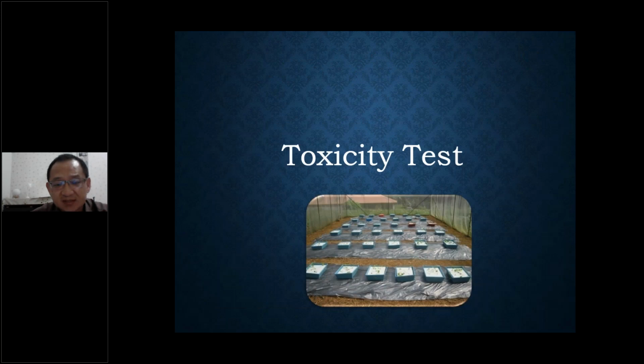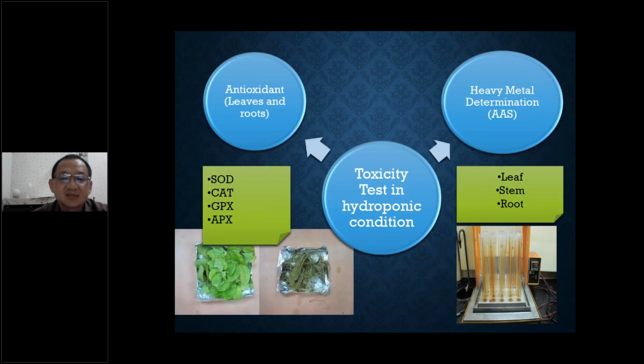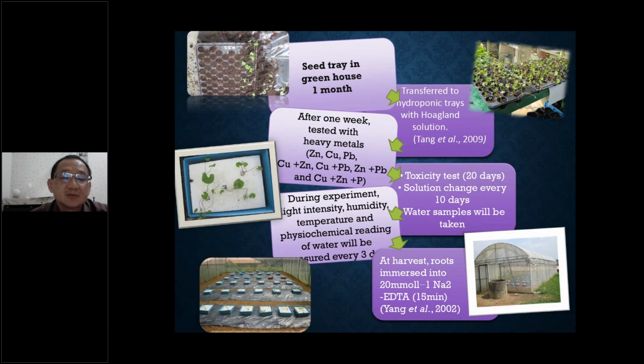We did toxicity testing under greenhouse conditions, done in hydroponic aquatic media, analyzing metals using AAS and doing the antioxidant analysis as well. We did this work for 1 week, 2 weeks, 3 weeks, and 6 weeks.